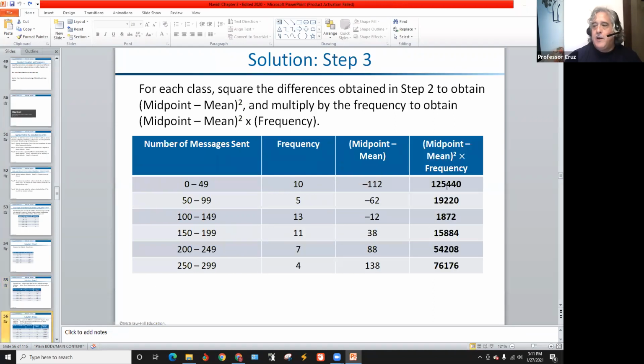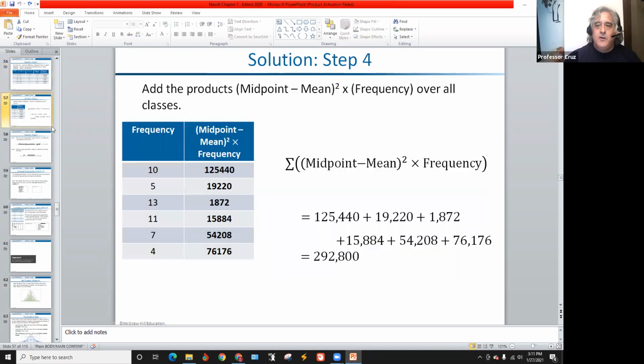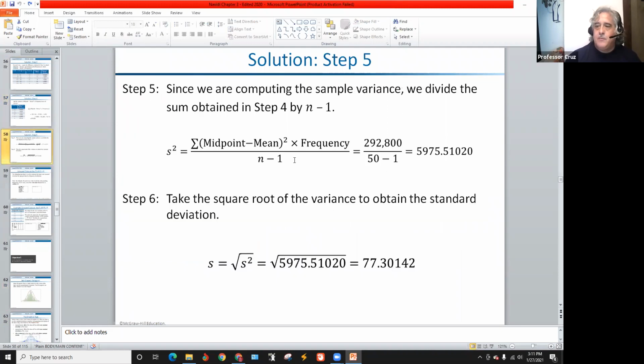And then you multiply these times the frequency instead. And then that's going to be your numerator, the sum of all those. And then the sum of the plain old frequencies at the bottom, minus 1, since this was a sample. So it's being divided by 49.